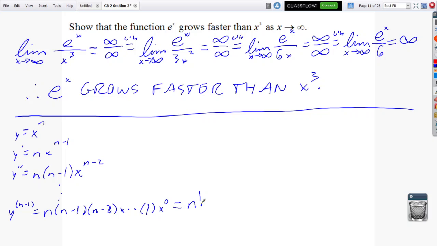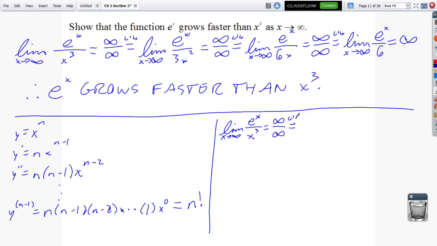Just to show you what this work would look like if I want to summarize it: I'm all right with you saying the limit as x approaches infinity of e to the x over x to the third is equal to infinity over infinity.